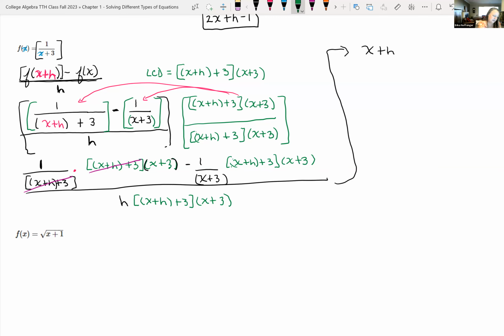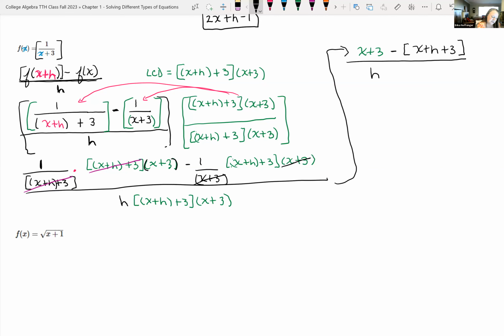So what we're left with here then is x plus h plus 3 canceled. We're left with x plus 3. Then we have this minus. So x plus 3's cancel. And so we have this bracket around x plus h, then plus 3, all over.